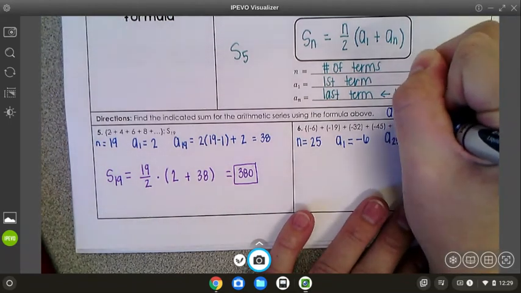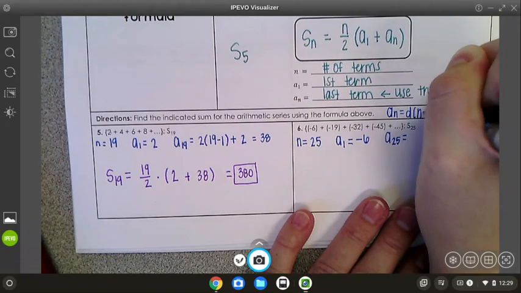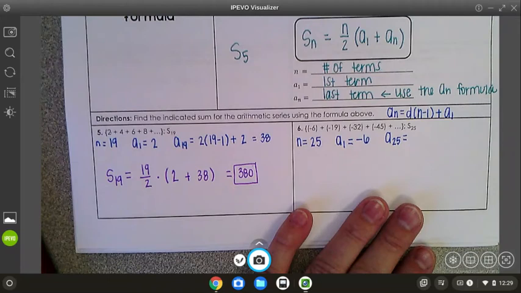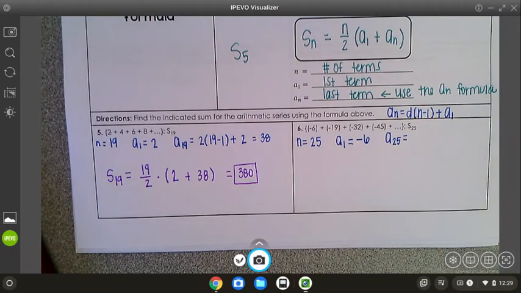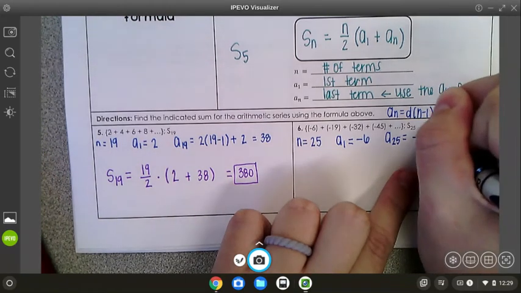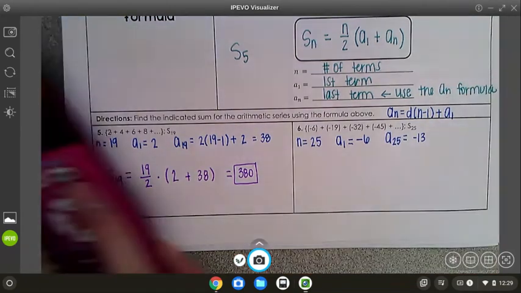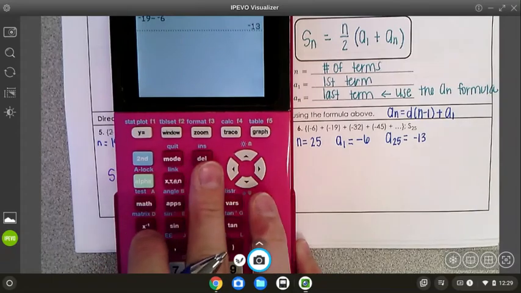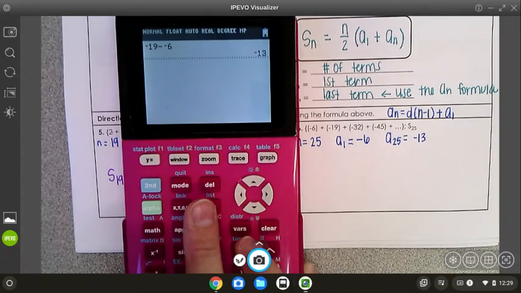I'll put it back here for you. Should have done that before. My common difference is -13. If you're not sure on that, take any term and subtract the one before it. And we get -13.